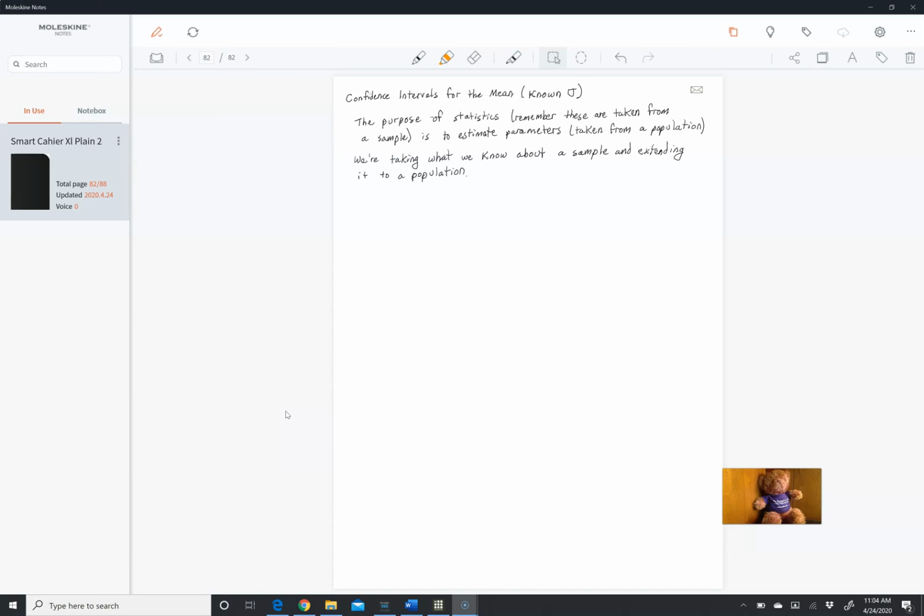So let's just write that down. This is just more about terminology than about the complexity of what we're doing, okay? So a point estimate, we call it a single value estimate because it's not a range.